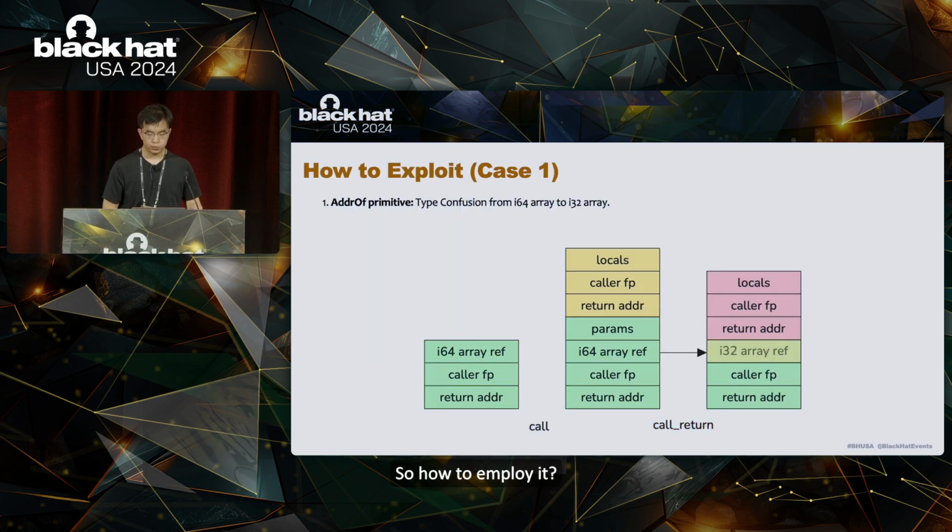So, how to exploit it? First, we use this bug to overwrite an I32 array reference into the position of the I64 array reference in the caller, allowing us to access the context beyond the I32 array with a larger offset. We need to first explain why we're doing this.